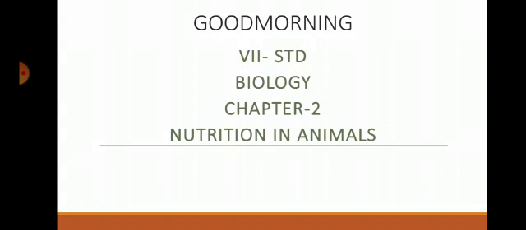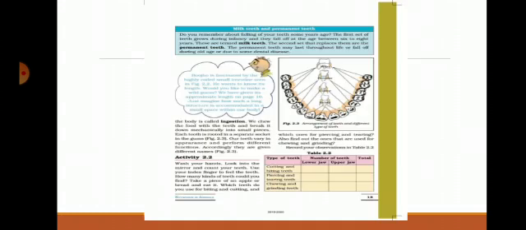And also label the parts of the human digestive system. Yesterday we studied about the human digestive system. What is digestion? The process of breakdown of complex components of food into simpler substances is called digestion.